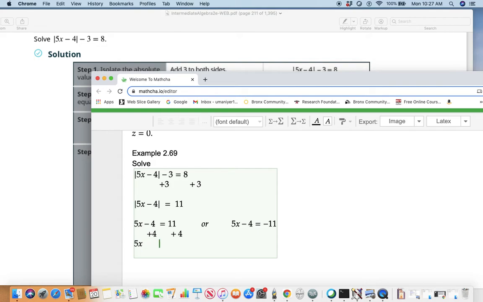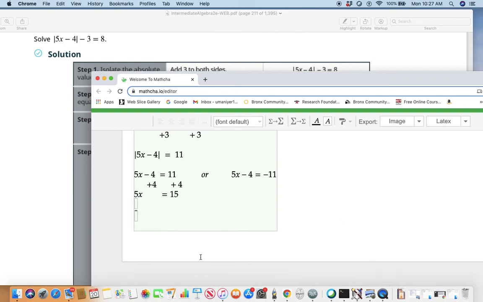So 5x equals 11 plus 4, which is 15. Divide both sides by 5. This gives me x equals 5. So this is one case.